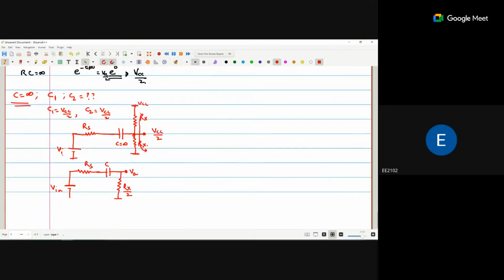So what is the value of VA? VA is Vin into Rx by 2, divided by all: Rx by 2 plus Rs plus 1 by Cs.